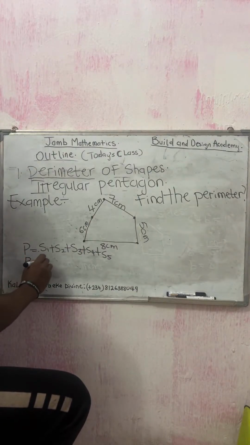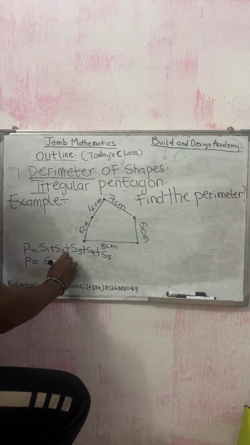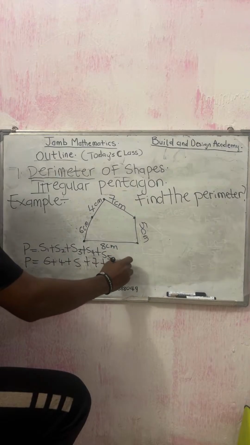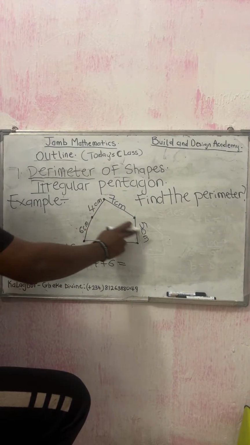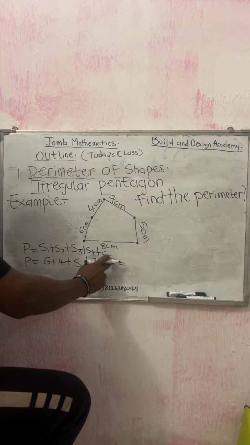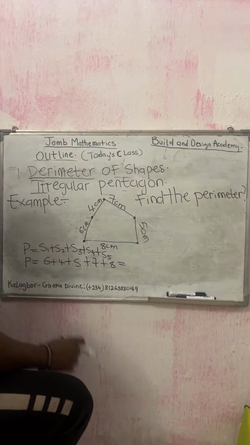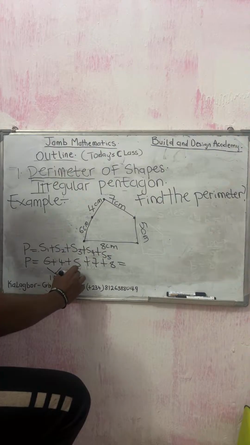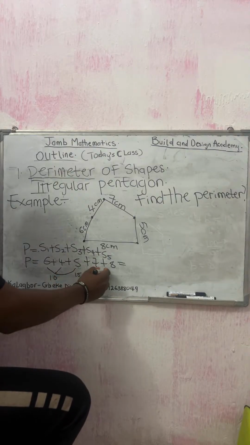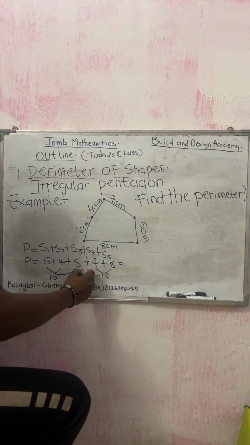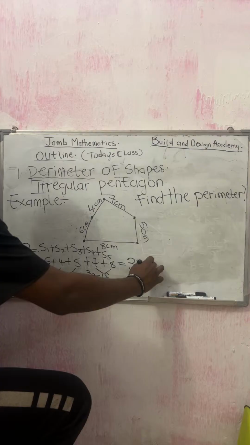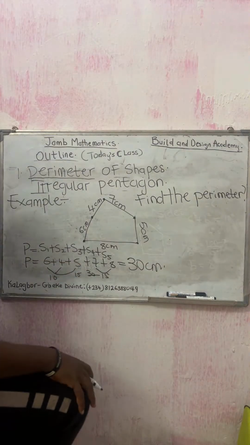We now have P equals 6 plus 4 plus 5 plus 7 plus, okay, 8, not 6. 6 plus 4 is 10, plus 5 is 15. 7 plus 8 is 15. 15 plus 15 is 30. So our final answer is 30 cm. Very simple, right?